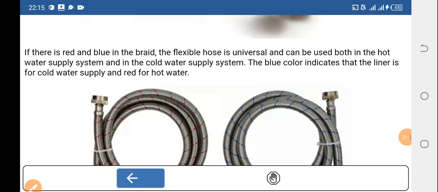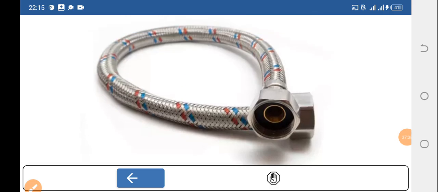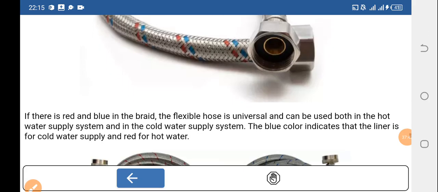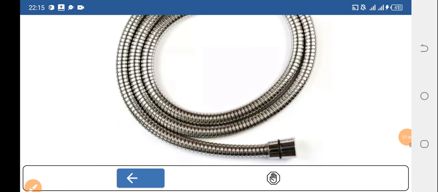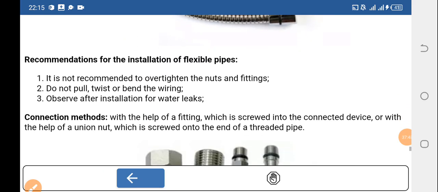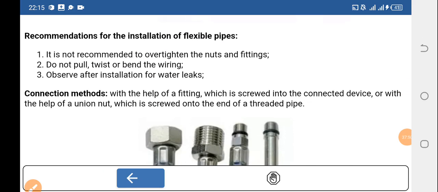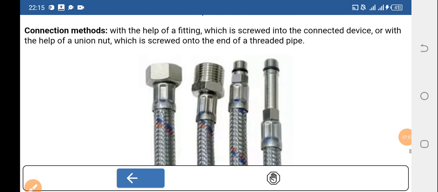Do not twist, because if you twist, you break the wires, and it may also damage the inner part of the flexible connector. It may cause leakages. Observe after installation for water leaks. So after connecting, observe for leakages.